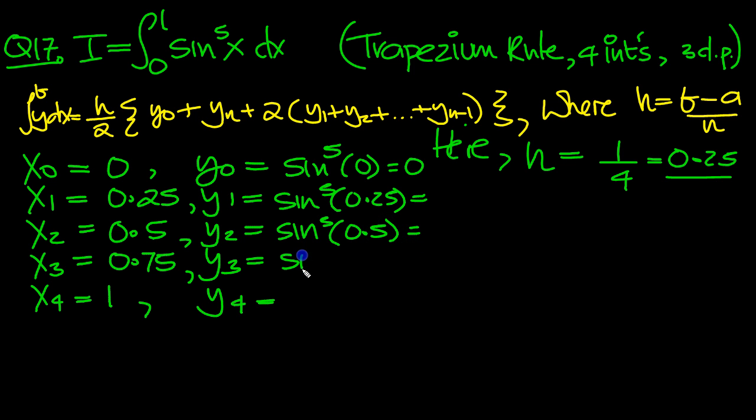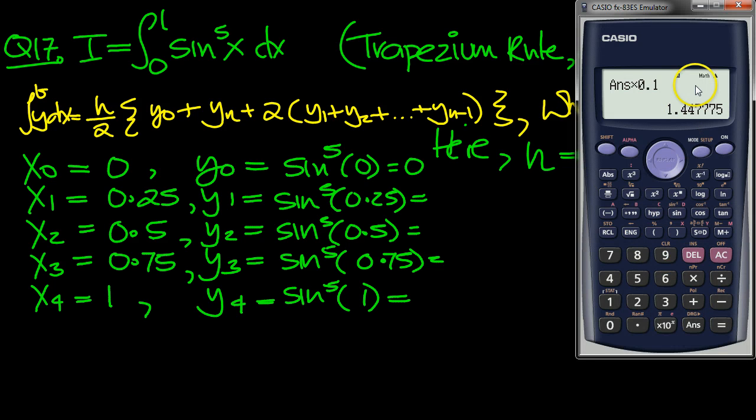Make sure we're in radians mode as we work these out on the calculator. We could have put f of x's just to save a little bit of time, but this is fine. So there's that. Now we're going to radians mode and we need sine to the power of 5. So we're in radians mode. Check that. So it's sine 0.25 bracket power 5.